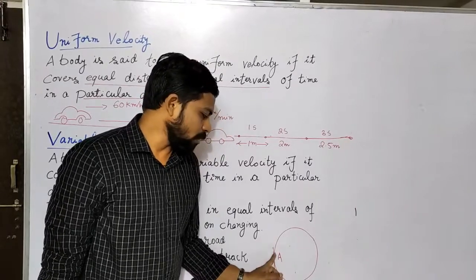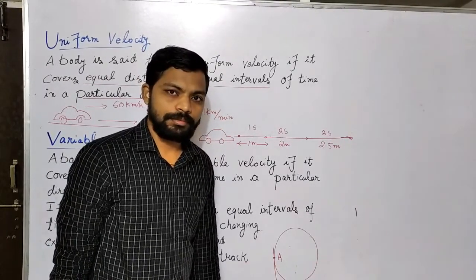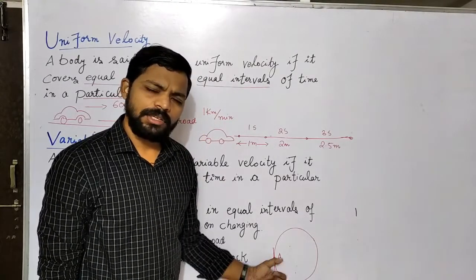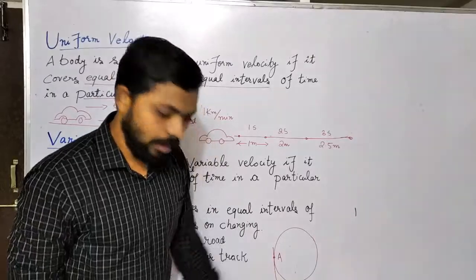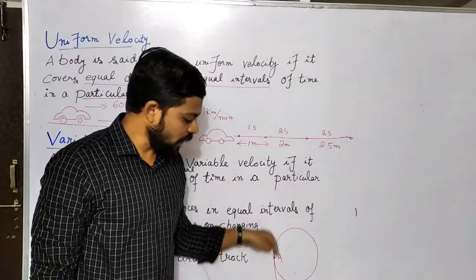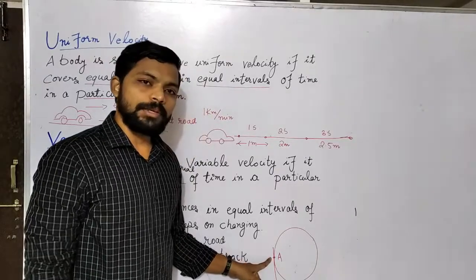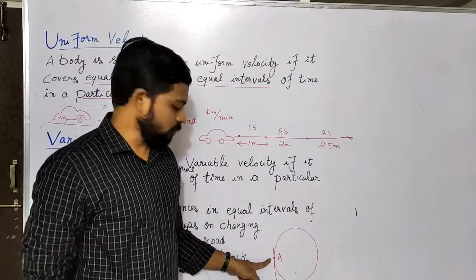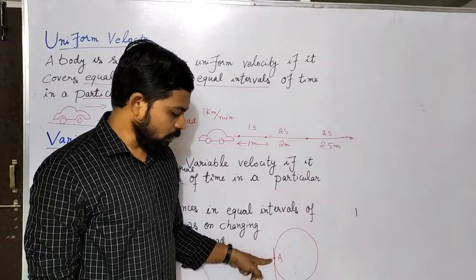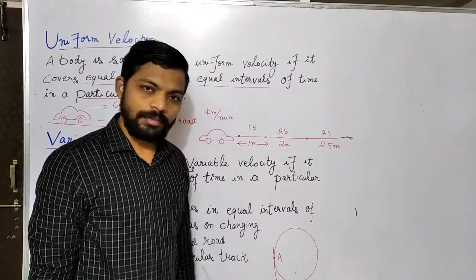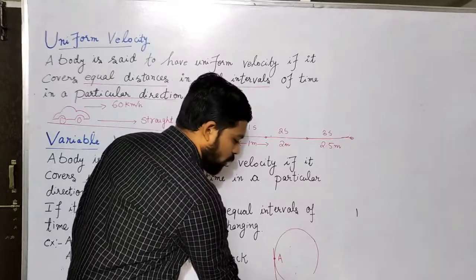So whenever a body is moving in circular motion, to find its direction at a particular point, you just draw a tangent, and that will be the direction of the body. Let us say a person is running on a circular track, maybe at point A moving anticlockwise. Then this is his direction. And let us say he is at point B now.